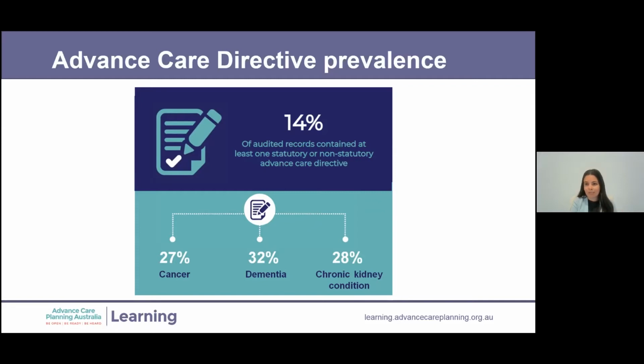Such a small percentage of people over 65 wanted those life-prolonging treatments, but again, only 5% are documenting them. So how do we know? As Chris has said multiple times tonight, it's really hard to be mind readers and work out who wants what type of treatment.